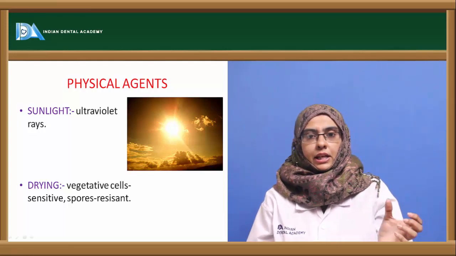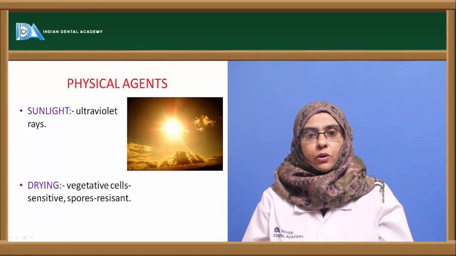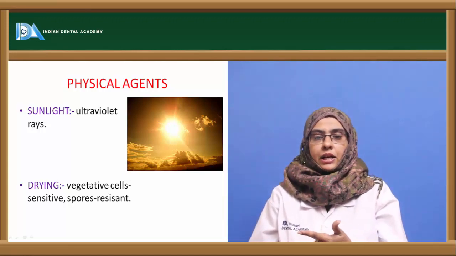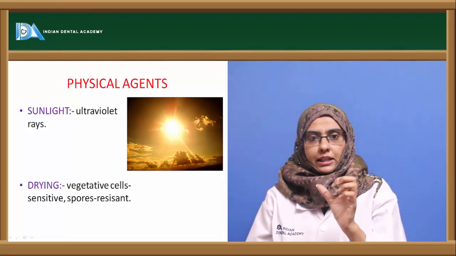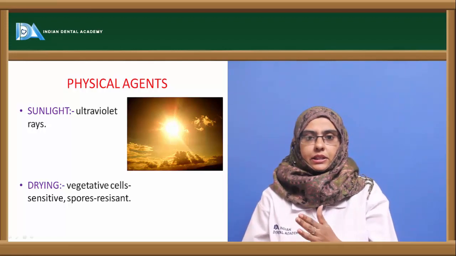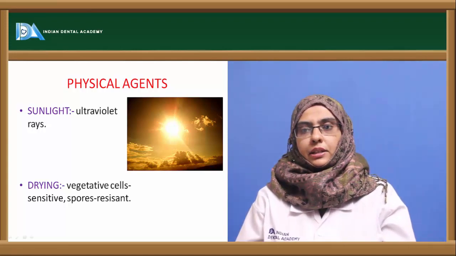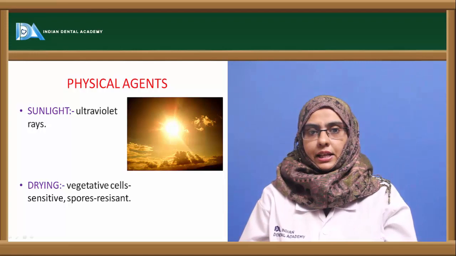These ultraviolet rays are called non-ionizing radiation. They bind to the DNA and form thymine dimers, which are an important component of DNA. The thymine dimers inhibit the replication of the organism, as a result of which the organism is killed. So sunlight is the most important and cheapest method of sterilization.